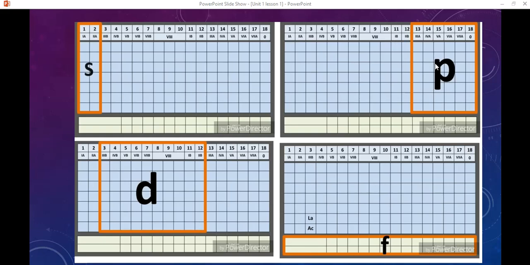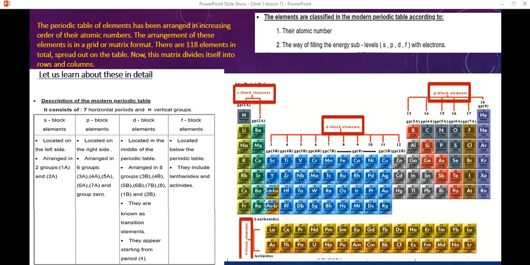So the P block starts at the new number 13. Add the 6 groups of the P, so it ends with 18. And if you remember, 18 is the zero group, the noble gases.